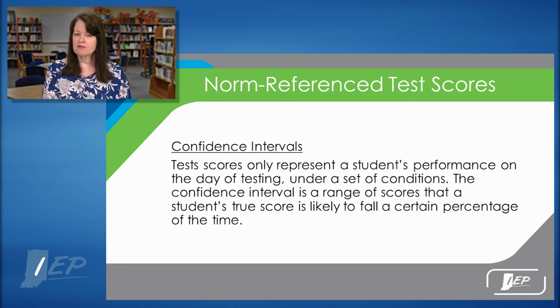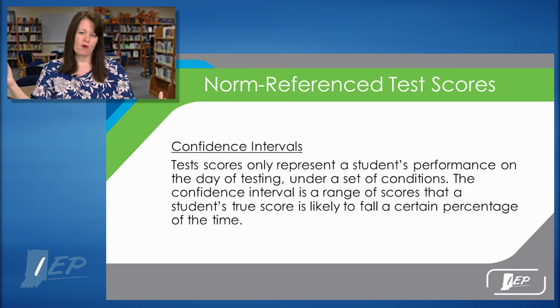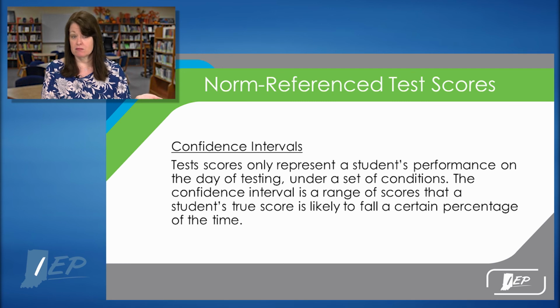I've also seen them very misused in the past. I've seen a student maybe test in the mid-70s on a cognitive assessment, but using a broader confidence interval that says, well, 65% of the time this student might score way down here or way up here, and had that low score used to justify a placement decision with having a mild intellectual disability.